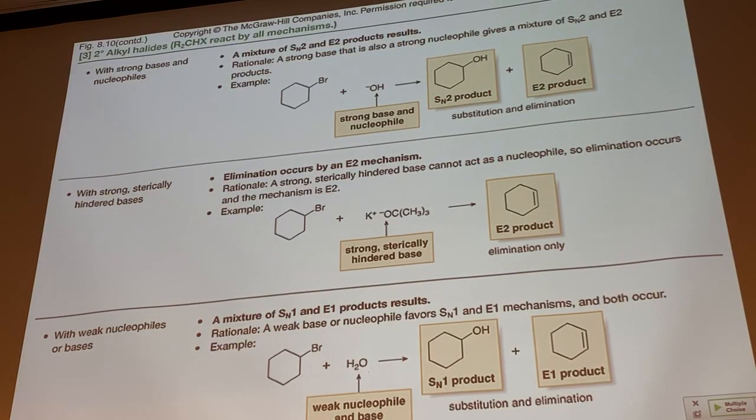Okay, and we see that here. So we see that if we want only elimination, we would want to use a strong bulky base. And then if we were using a weak base, weak nucleophile, as is the case with the tertiary alkyl halides, we would get the mixture of SN1 and E1. Okay? So these tables have useful information.